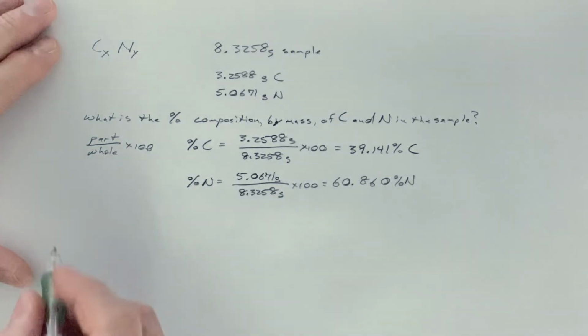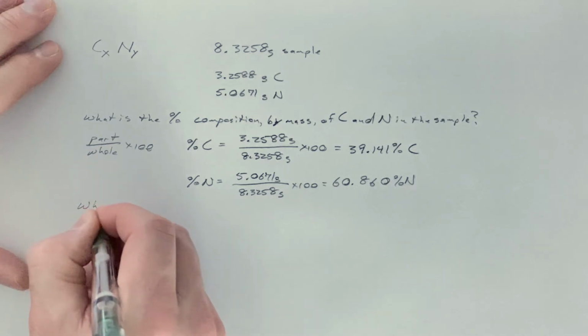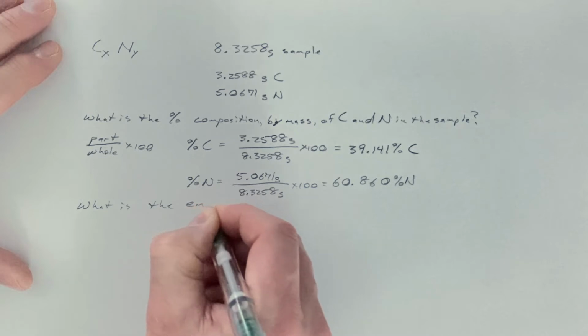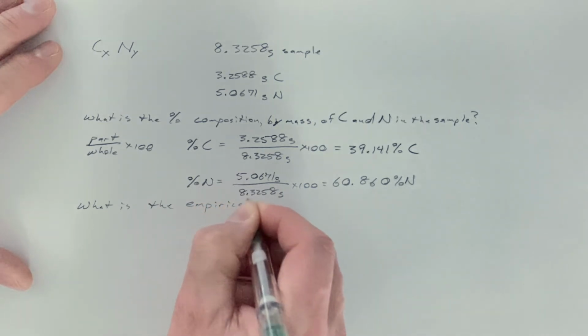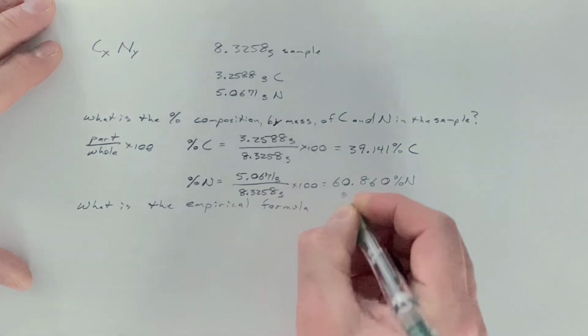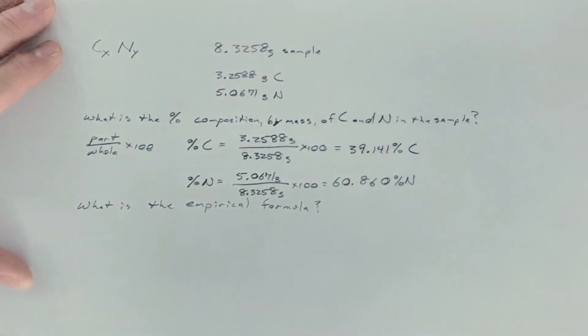We're going to take the mass of nitrogen and convert it to moles of nitrogen. Then we'll just fill in the moles in our subscripts and ensure that they are the lowest whole number ratios, and then we'll have our empirical formula. So the question is, what is the empirical formula of the compound in our sample?